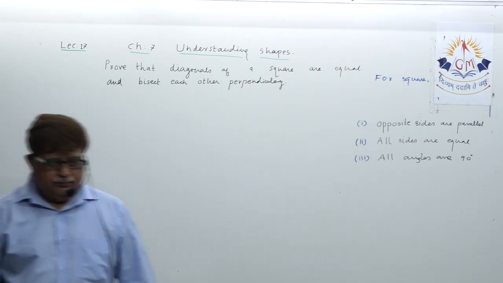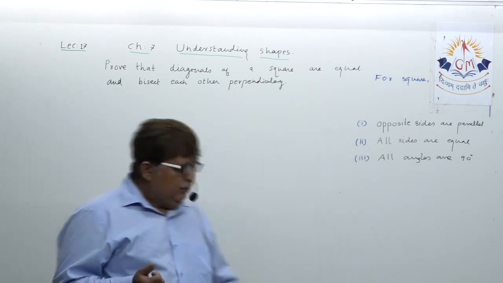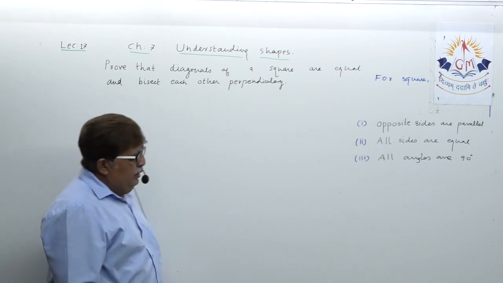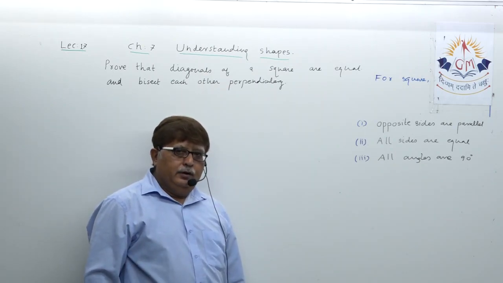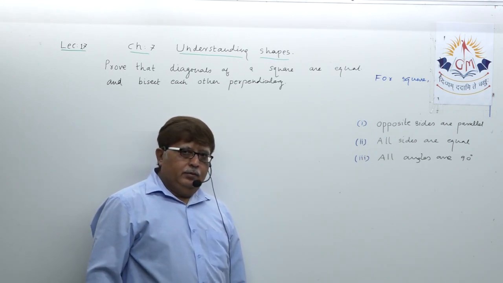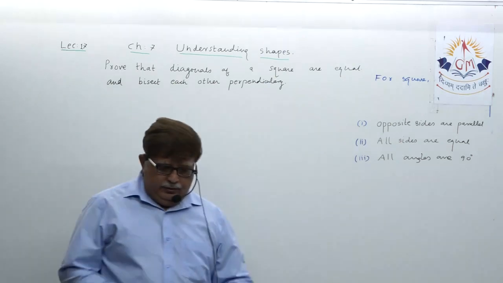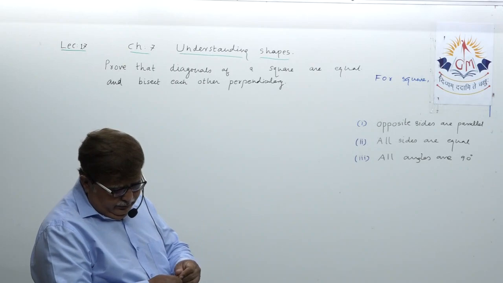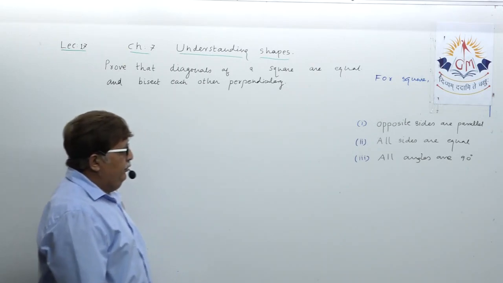Prove that diagonals of a square are equal and bisect each other perpendicularly. That is what we are going to prove. You understood this?